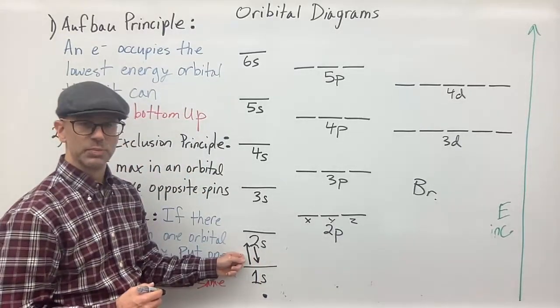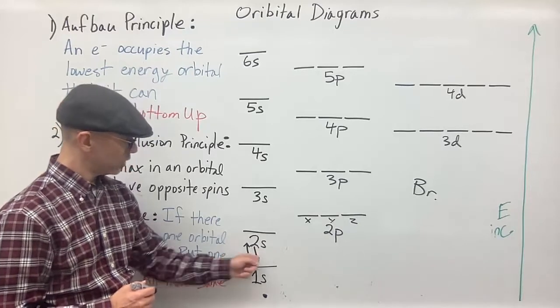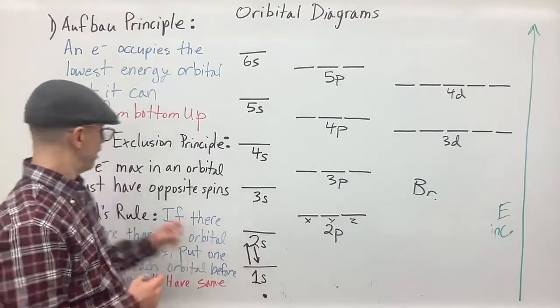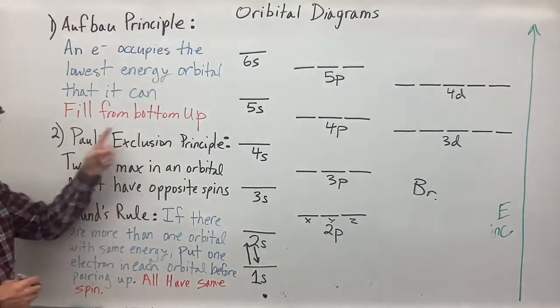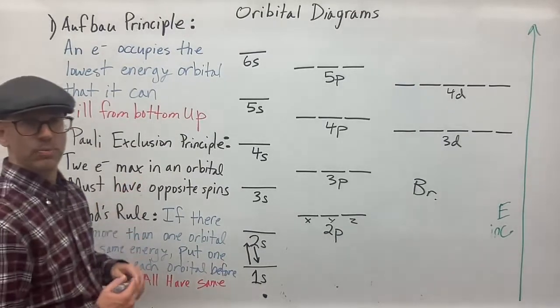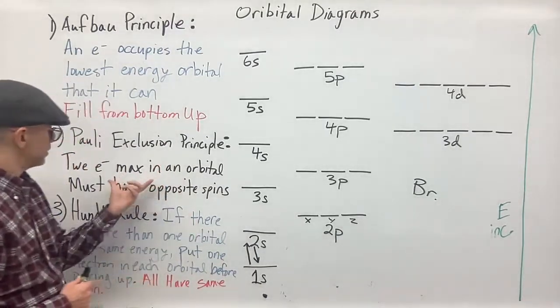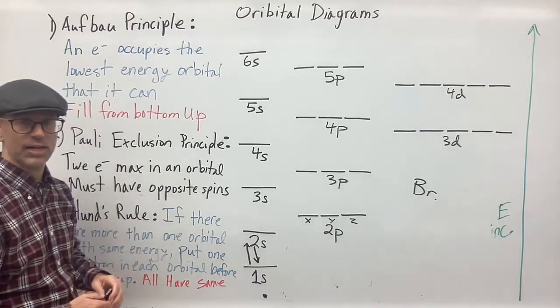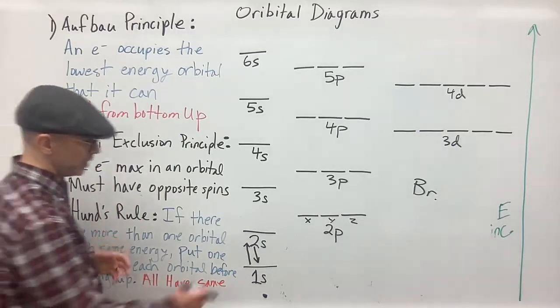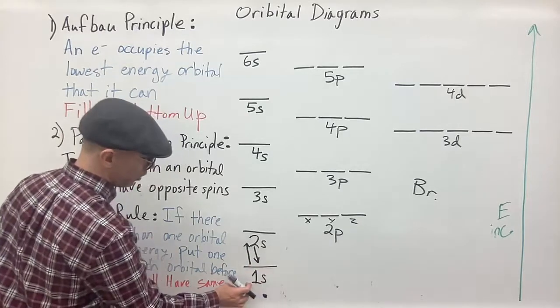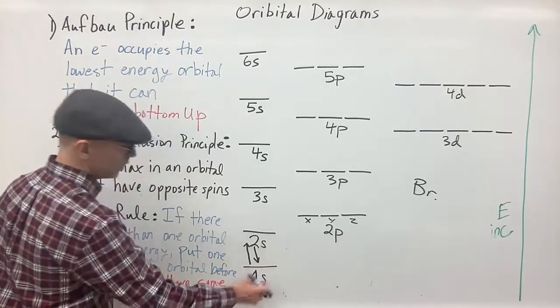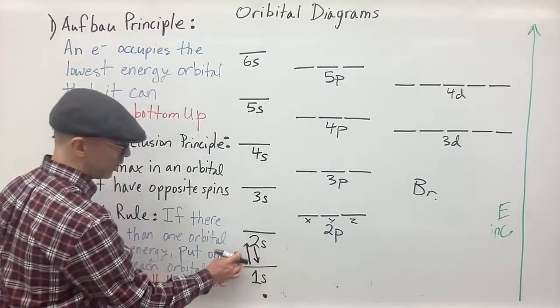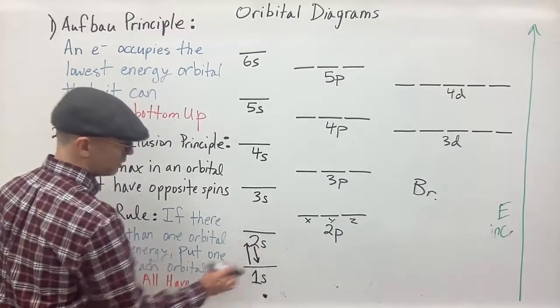One has a spin up, one has spin down. Notice that they have opposite spins. That is following the Pauli exclusion principle. The Pauli exclusion principle says that we can only have a maximum of two electrons in an orbital, and those electrons have to be opposite spins. So here's our one orbital in the 1s sublevel. We have an s orbital here, so we're putting those two electrons there.